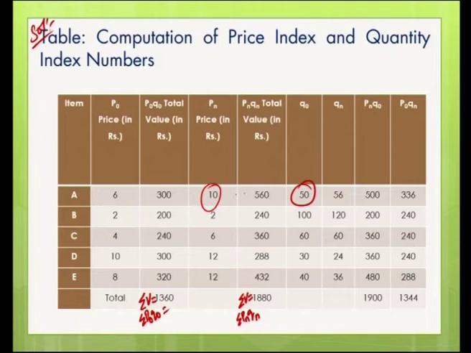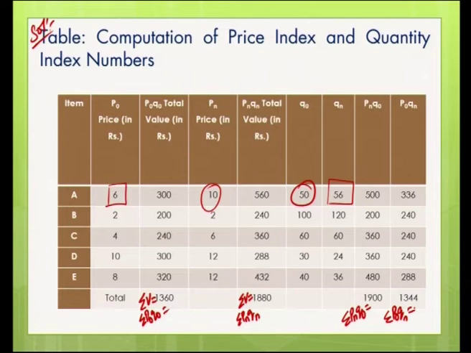So, 10 into 50 is 500 and then P naught into Qn if you want, P naught is 6 and Qn is 56. So, P naught into Qn is 56 into 6 is 336 and then respective totals are taken. Summation Pn Q naught is 1900 and summation P naught Qn is 1344.